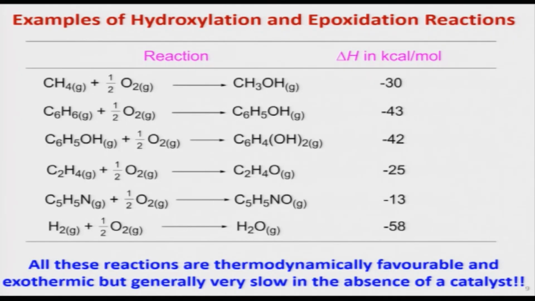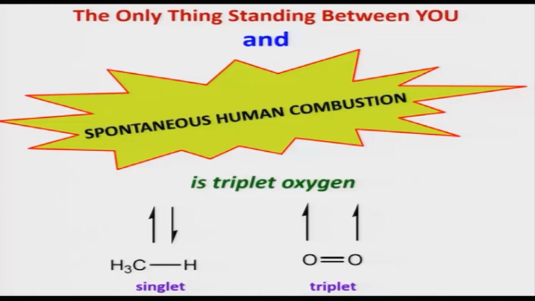So, although it is a favorable reaction, it never happens just by adding this, you need a catalyst to get that product. Say for example, hydrogen and oxygen giving rise to water, it is a highly favorable reaction, but it never happens in environment, otherwise we cannot survive, because all hydrogen and oxygen which are present in environment will combine and give rise to water, and then this universe will not survive, but it never happens.